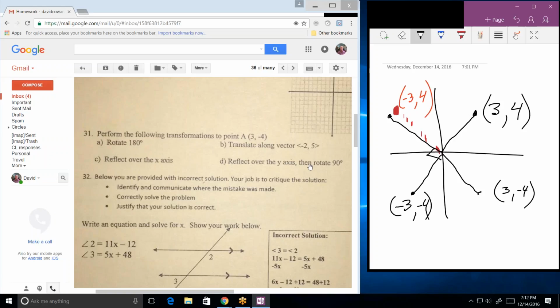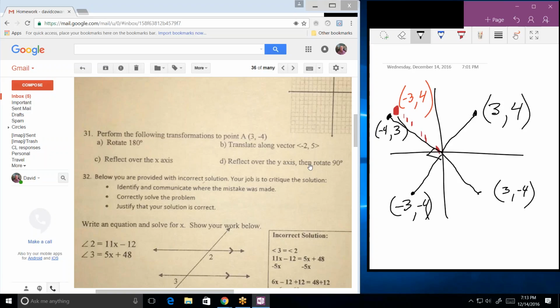And notice that it appears that I end up at -4, +3. In other words, when you do a 90-degree rotation, you switch the numbers and you switch the sign on the number on the left.